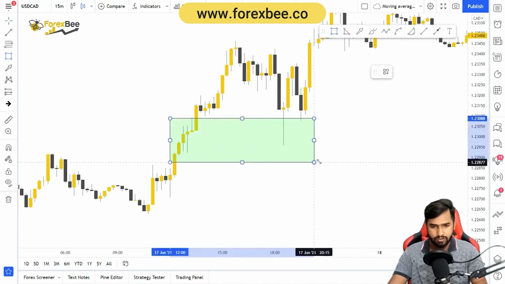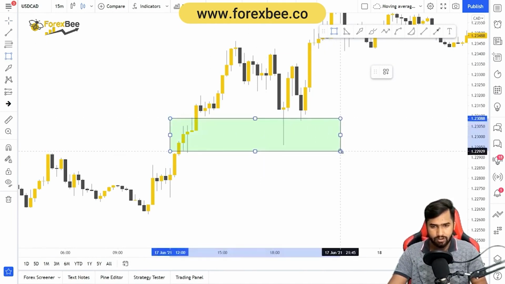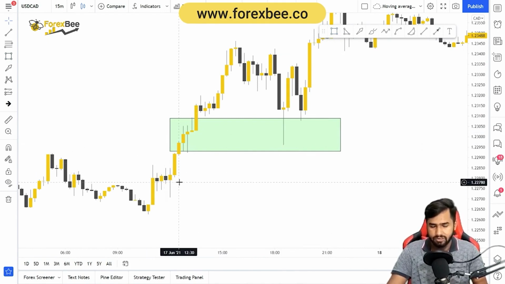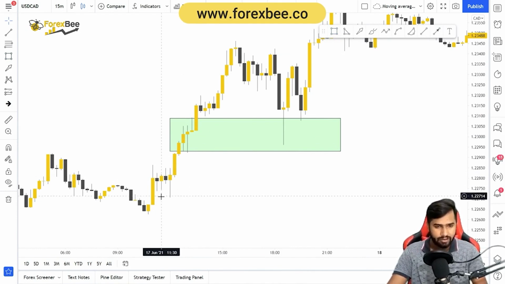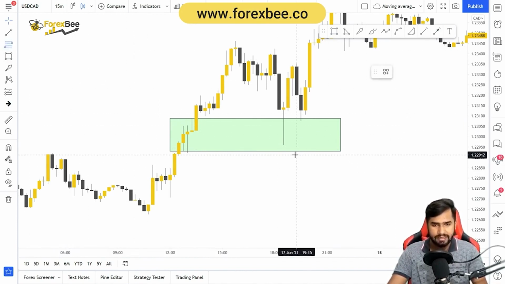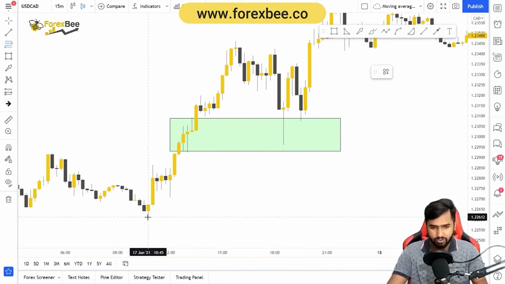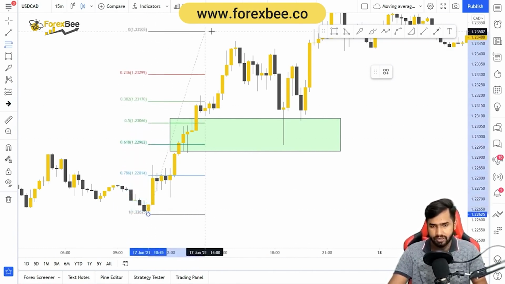So here you can see that this is also a demand zone forming here. Now again, what I need to do is I need to check or validate if this is a strong or a weak demand zone. Okay, so what I'm gonna do is I'm gonna take our Fibonacci retracement tool, and again this is basically a complete swing from here till here. So what we need to do is we need to draw the Fibonacci retracement from the bottom of our swing and take it to the high.